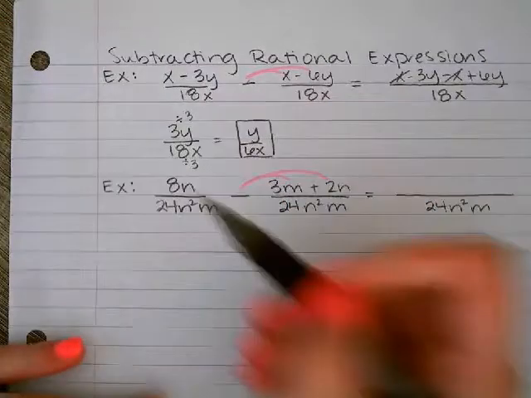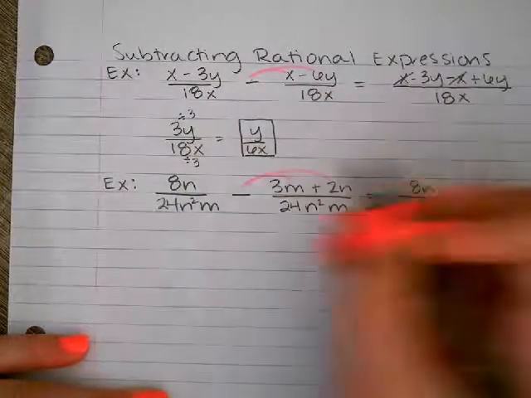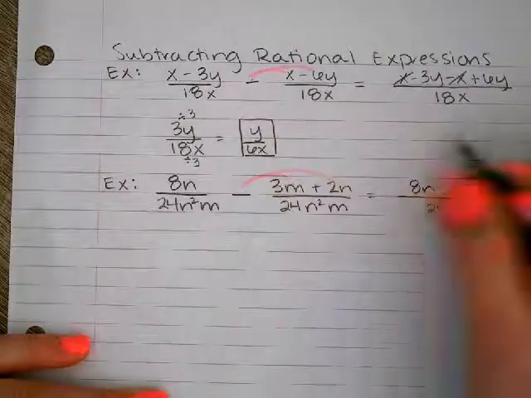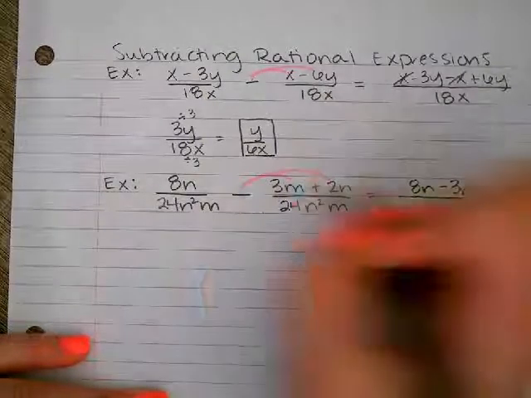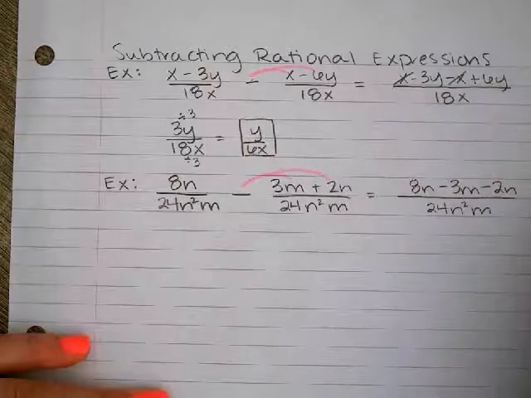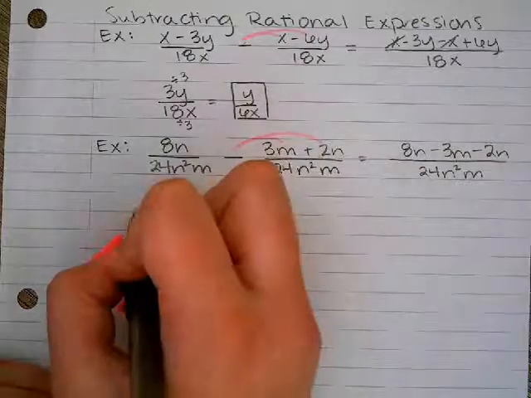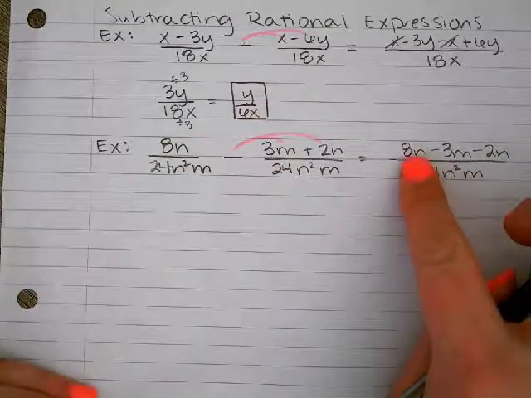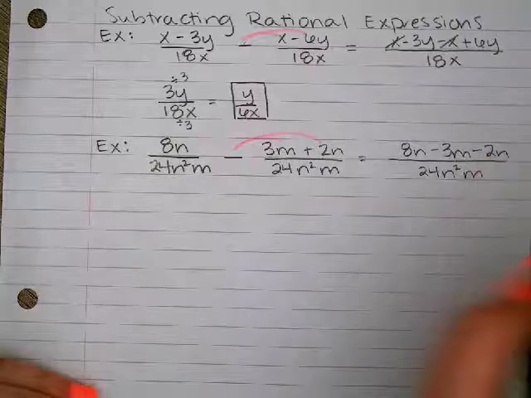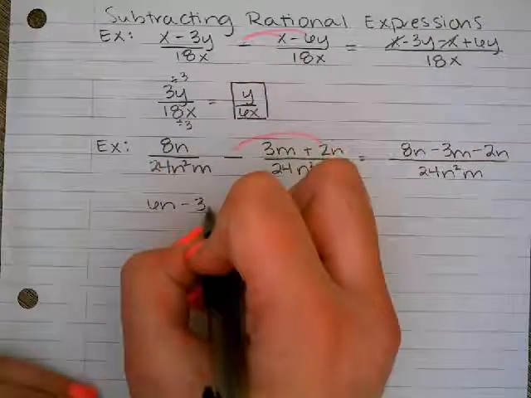So I'm going to copy down what I had on my first fraction, just that 8n. Then I'm subtracting 3m, and subtracting 2n. Now that I've distributed my negative, I can combine like terms. 8n and negative 2n is 6n, and then negative 3m.